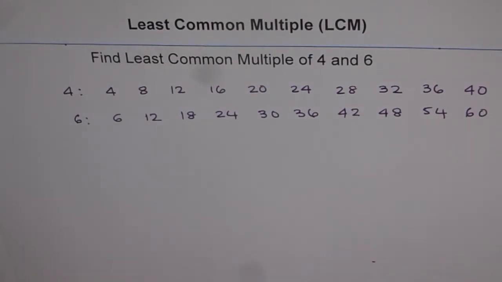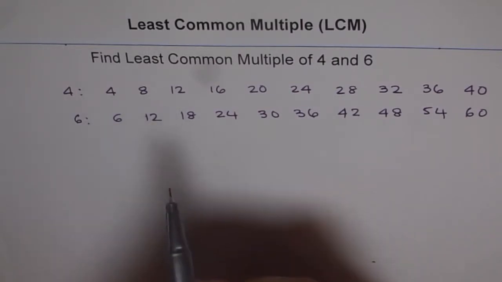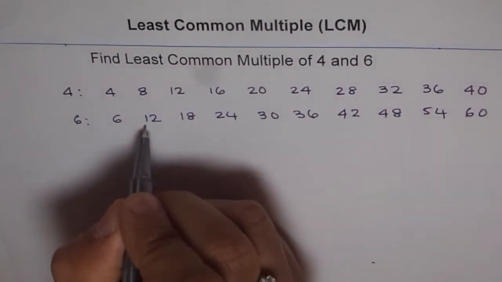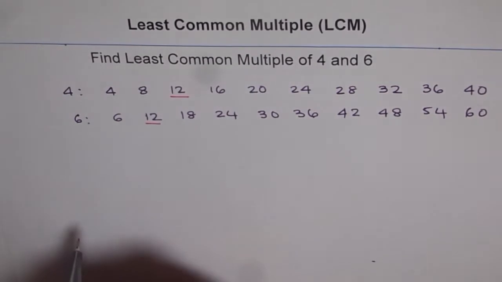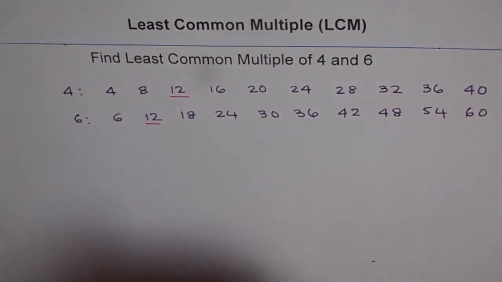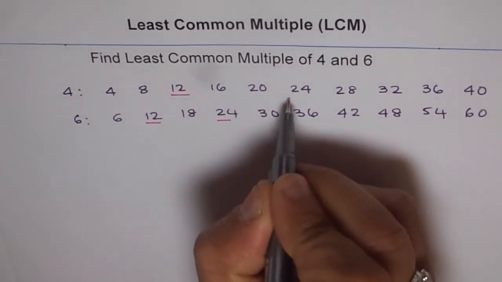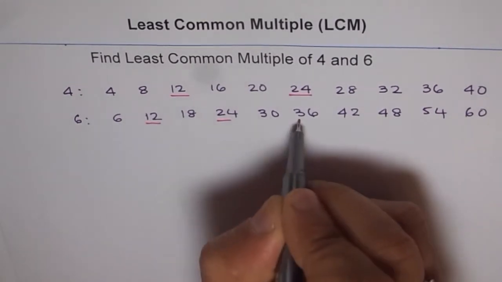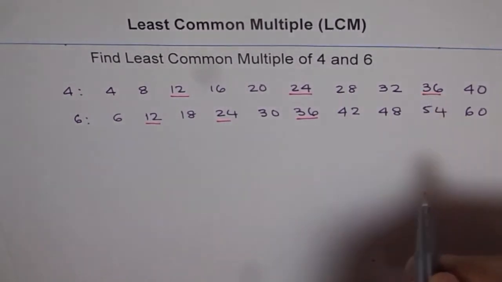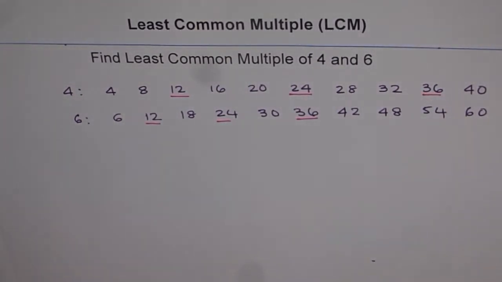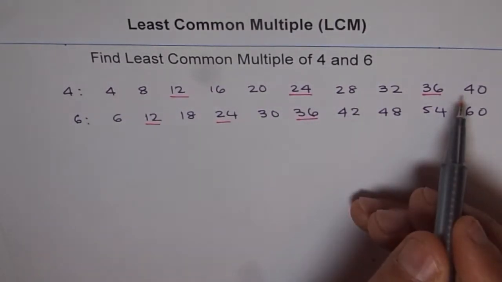And now try to figure out which ones are common. So you can go through the list and figure out which ones are common. You find 12, and 12 is common, right? Between 4 and 6, and then 24 is common, 36 is common. So like that, we find a couple of them in the list. So these are common multiples.